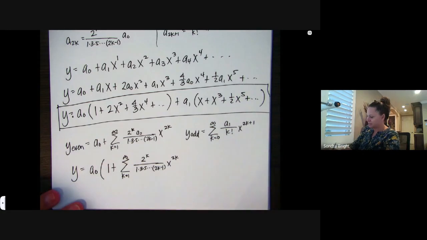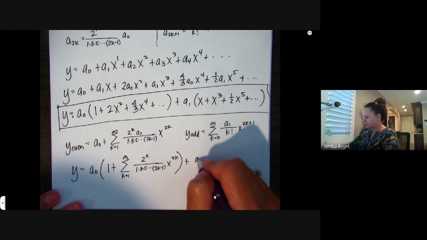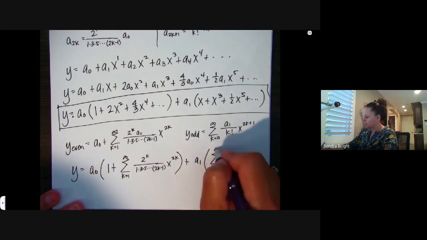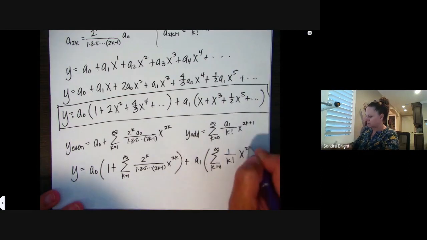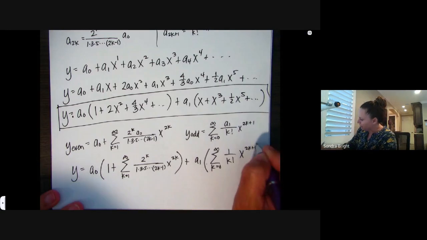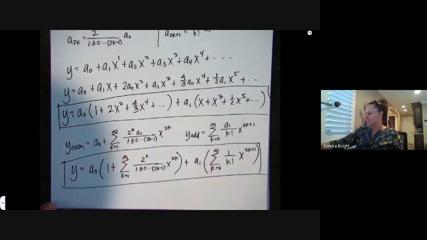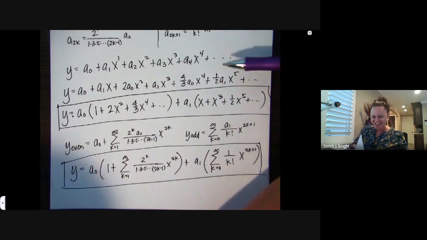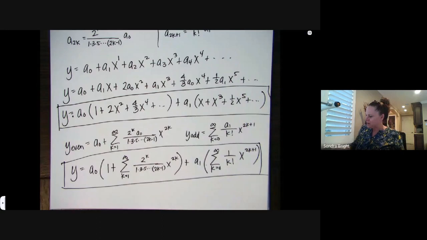That was times the a naught, and then plus a1 times the sigma from k equals 0 to infinity of, I factored out the a1, so now it's 1 over k factorial x to the 2k plus 1. So this is how the solution manual will show the answer. I'm fine with this when the pattern wasn't horrible, but it's starting to get there, right? It's starting to be like, oof, gosh, really? So I'm fine with this.